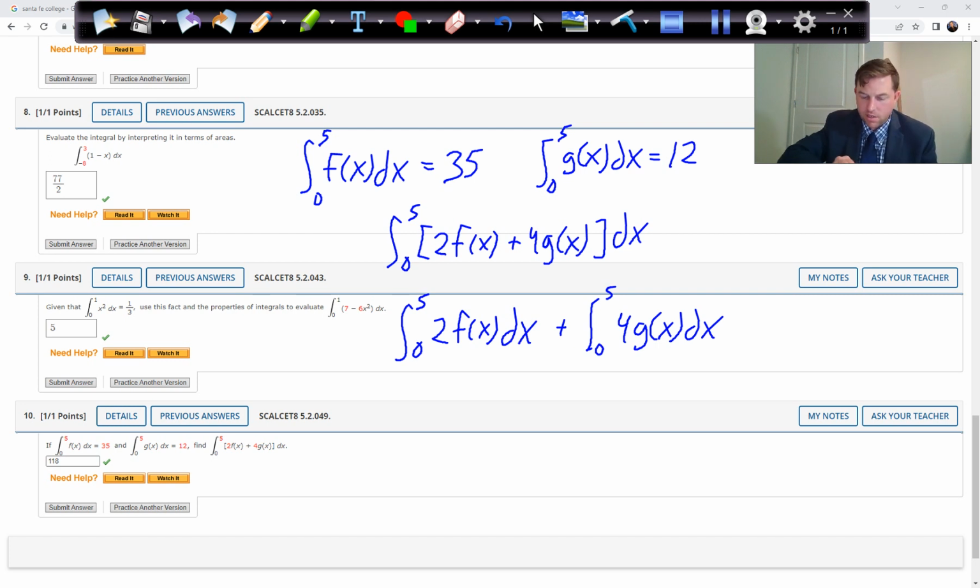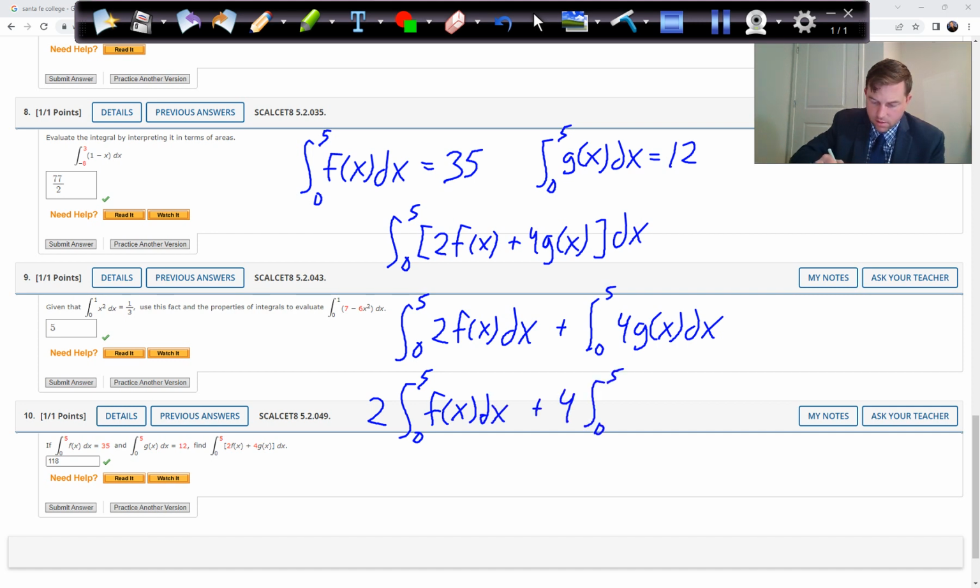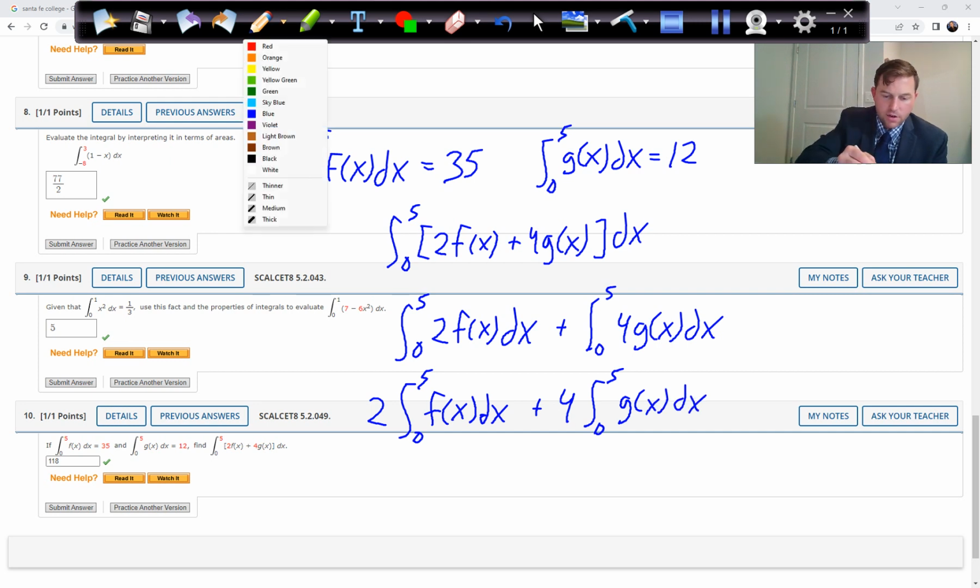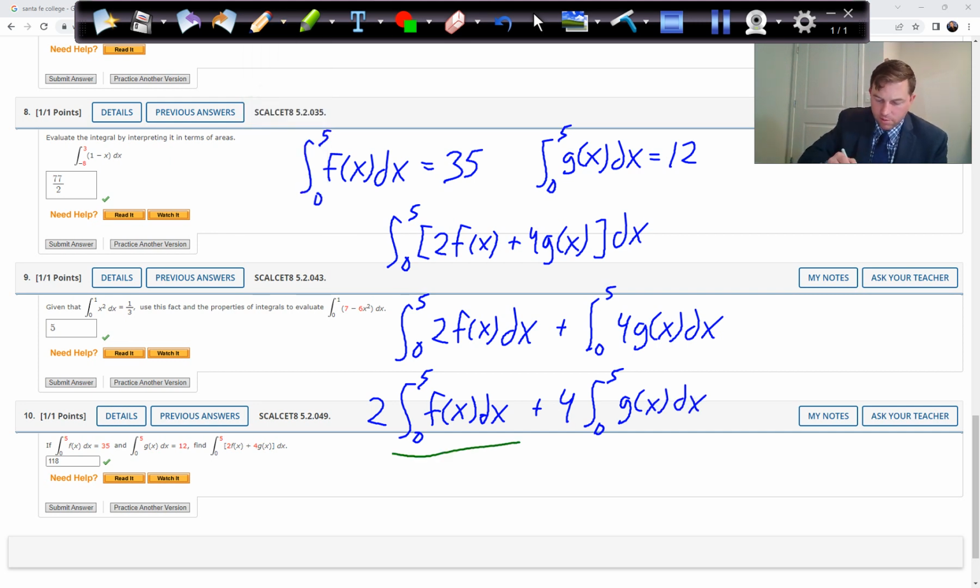You can split these addition problems up. Then we're going to pull the constants out front. And then and only then can I replace the integral of f of x dx with 35, and the integral of g of x dx with 12.